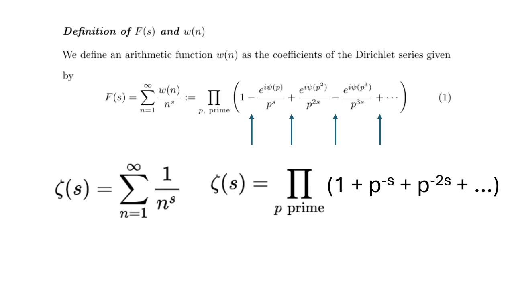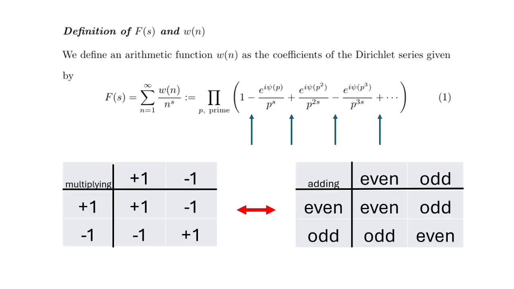Okay, so what happens when we examine this for some value of n that has multiple prime factors? We combine a bunch of these terms to form one of the terms on the left. They're being multiplied together, right? Just like when we looked at the Euler product. As far as the pluses and the minus signs go, you should be able to convince yourself that it follows the expected rule. Two negatives multiply together to make a positive, just like two odd numbers add together to make an even number.